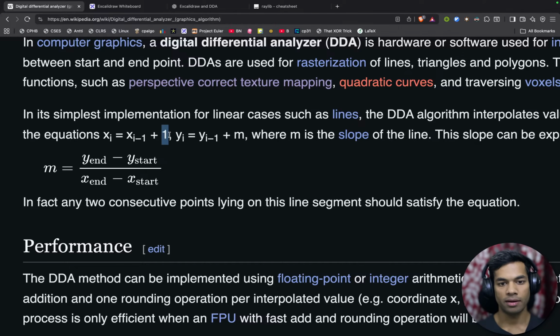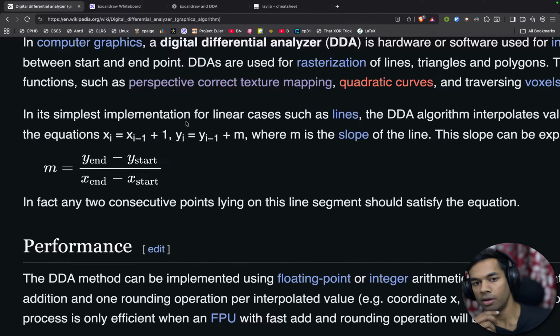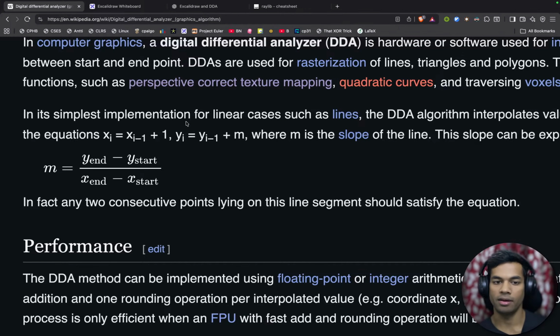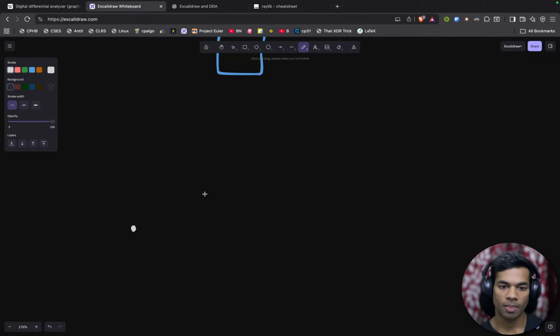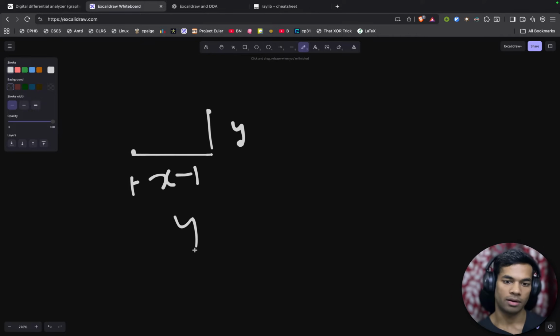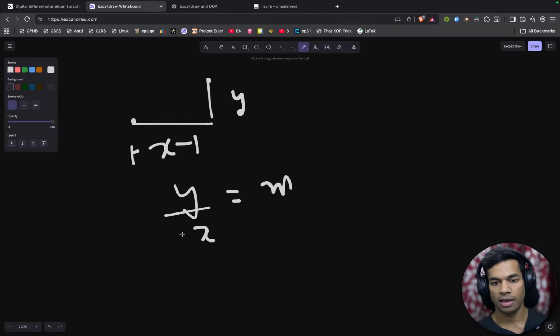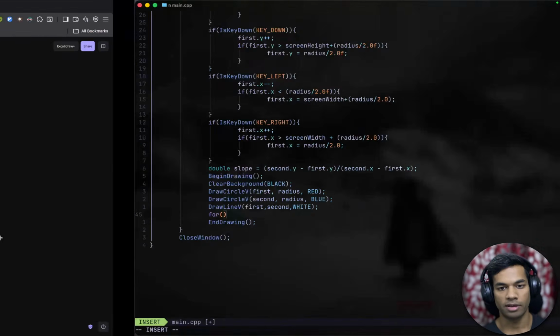For making one step in the x direction, we move slope m amount in the y direction, which does make sense. Here we have 2 points. We moved x amount here and y amount here, and y by x is the m, and if we put x equal to 1, we will get distance in y equal to m. That is nice, we can do that.